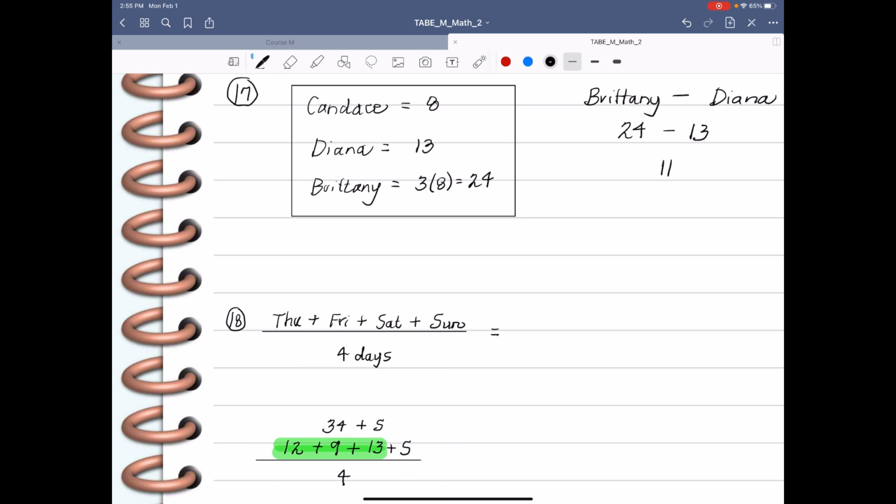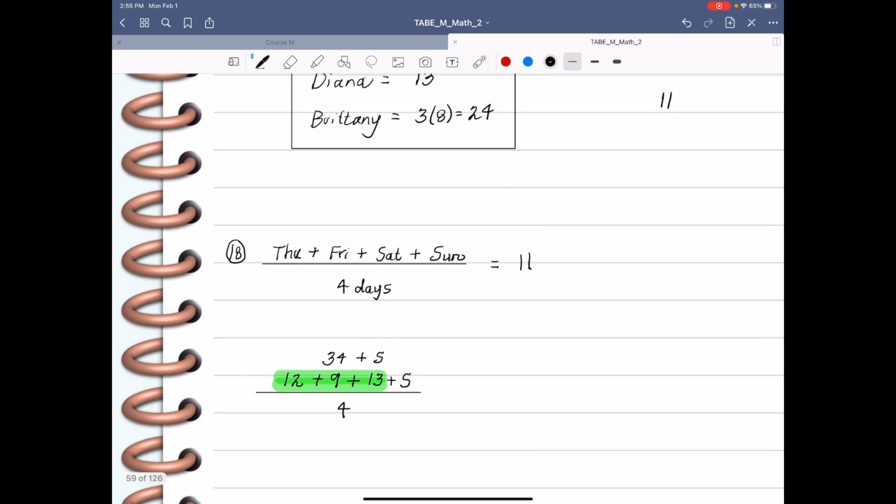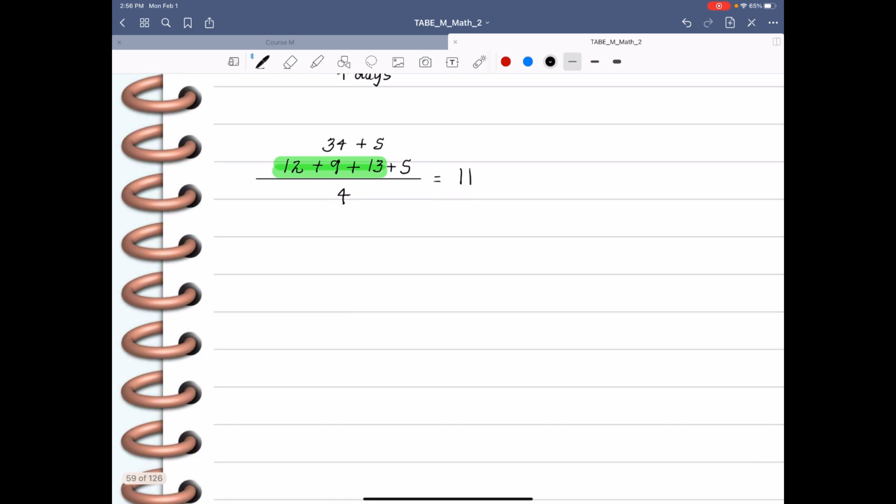I forgot completely about the 11. We want that to average out to be 11, and that's very important. I need that piece to solve this. So what I'm left with is a problem: 34 plus S over 4 equals 11. Okay. So what I'm going to do, I'm going to get rid of that 4.